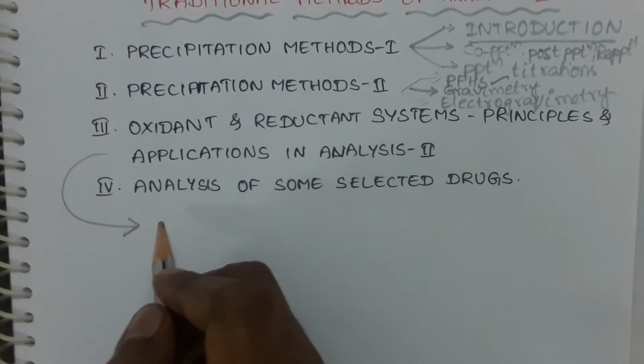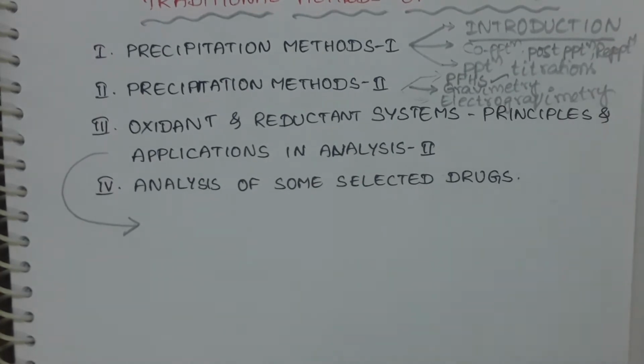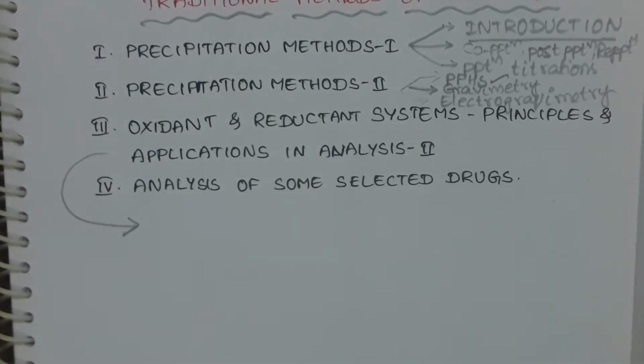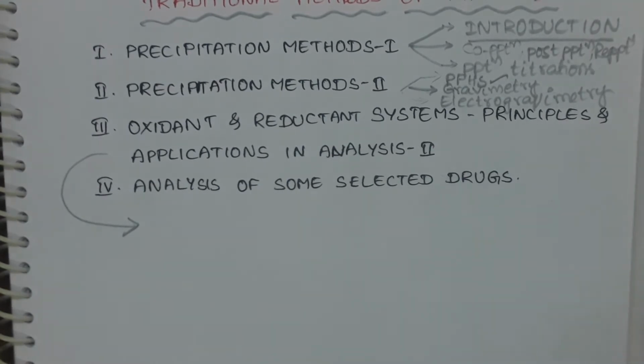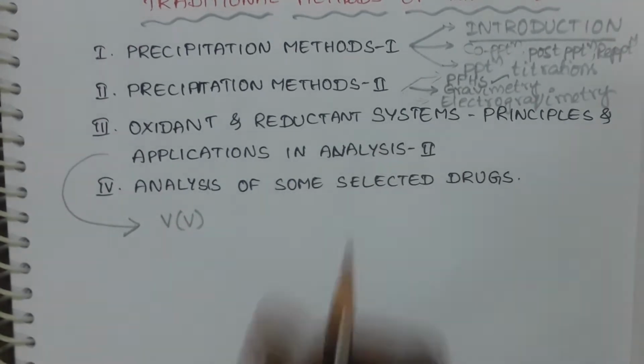In the third semester we discussed manganese 3, manganese 7, chromium 6 examples. Here we are going to discuss other oxidant systems like vanadium 5, etc.